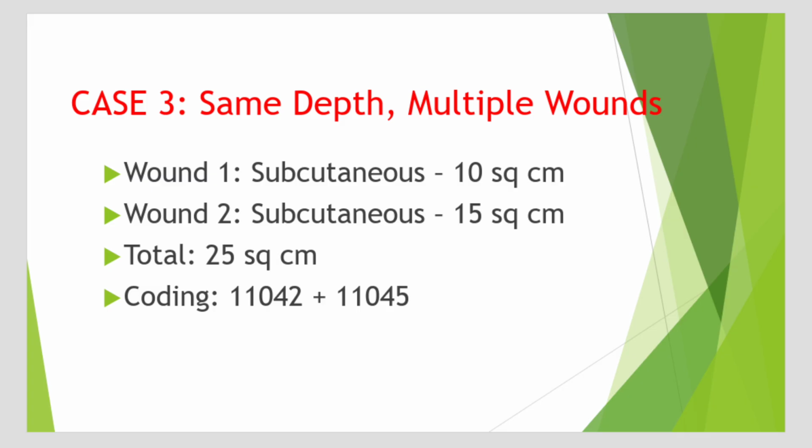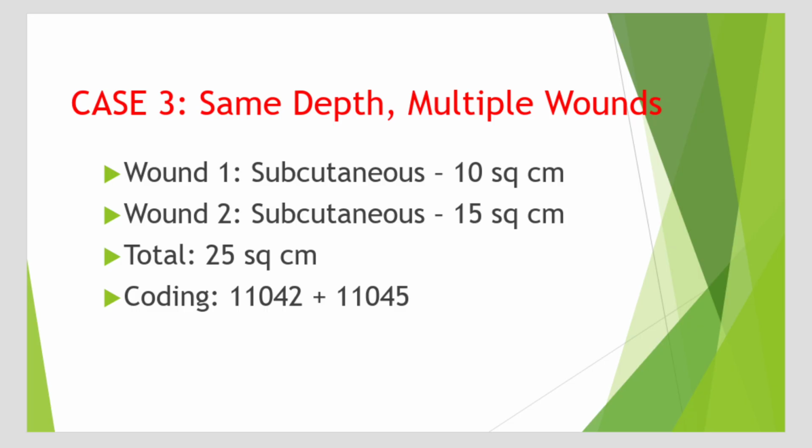Third, same depth, multiple wounds. Contrast case here. Two wounds on the abdomen were debrided. Wound A is subcutaneous tissue 10 square centimeter. Wound B is subcutaneous tissue 15 square centimeter. So here same depth but sizes are different. So what is the rule?